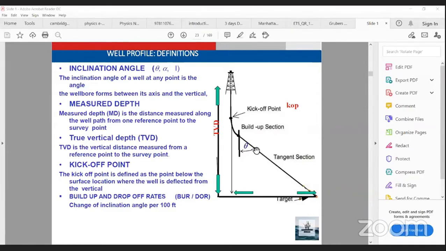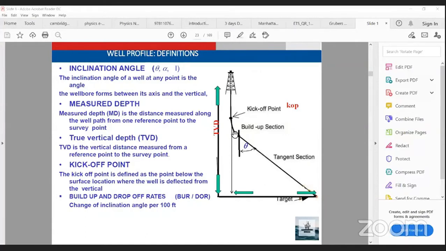If I stop at this point, the measured depth will be all of these points from the surface along the well path. This is the deviated well, this is the deviated depth. While the vertical depth is the vertical distance from here to the rig or the surface location.